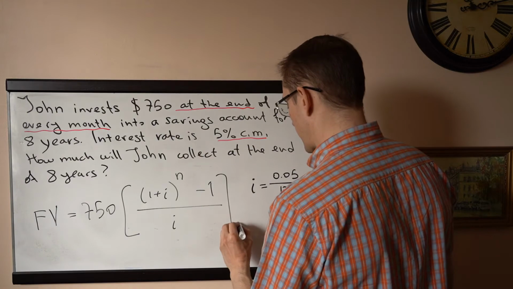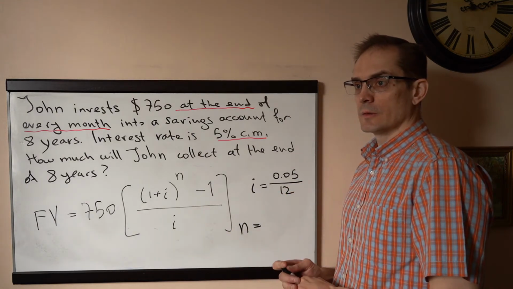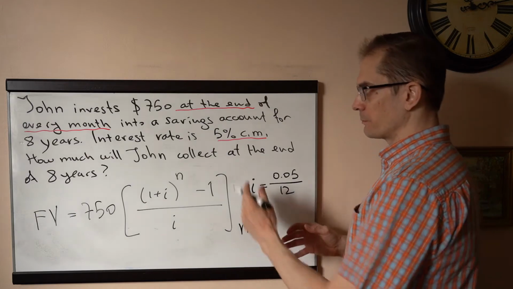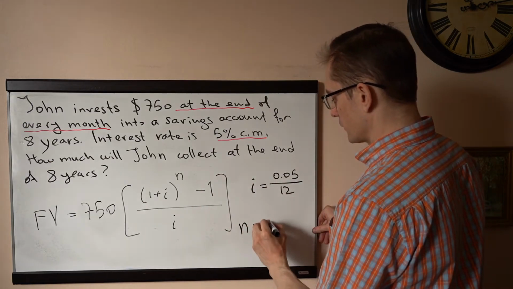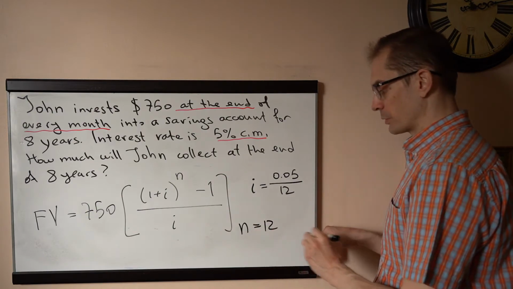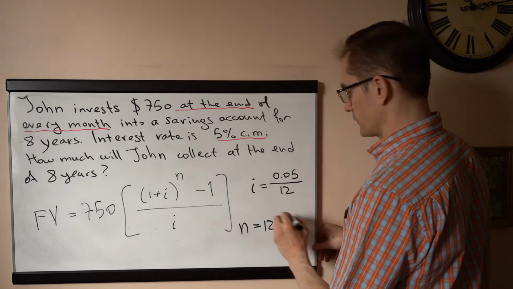What is n? n is the total number of payments, the total number of periods in this problem. We have 12 payments per year times the number of years, 8.